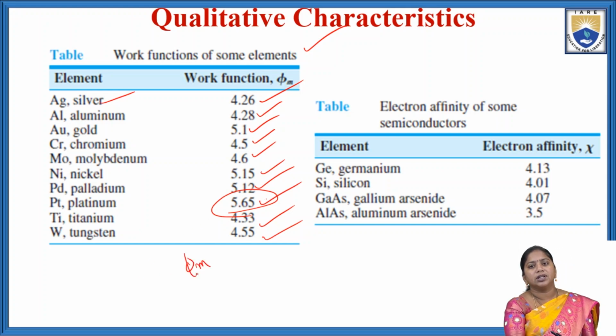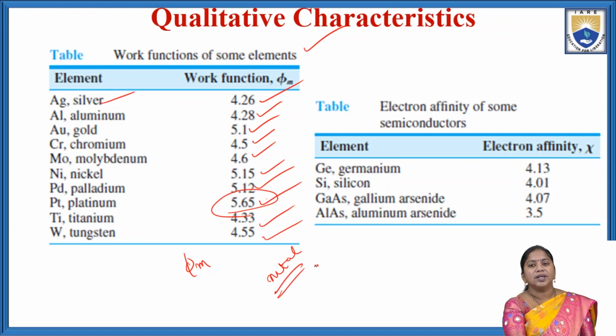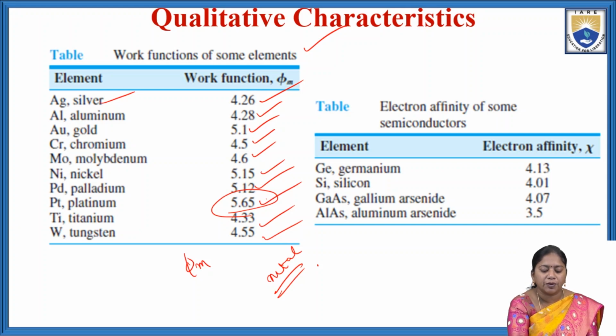Metal work function means the energy required to remove an electron from the metal surface. The energy required to eject an electron from the metal surface is known as the metal work function.